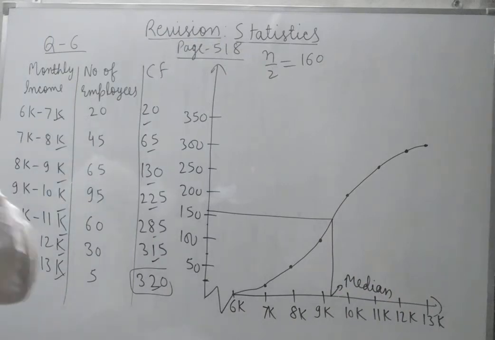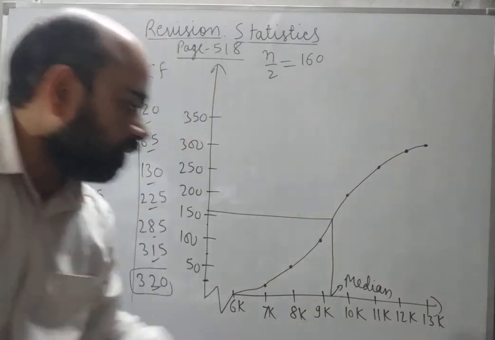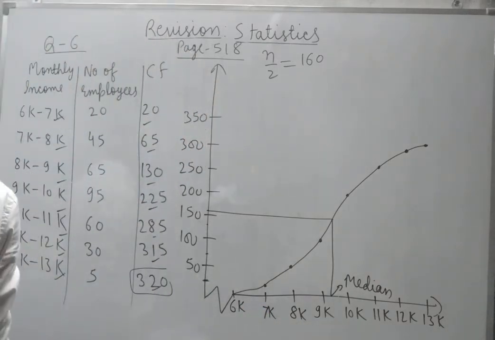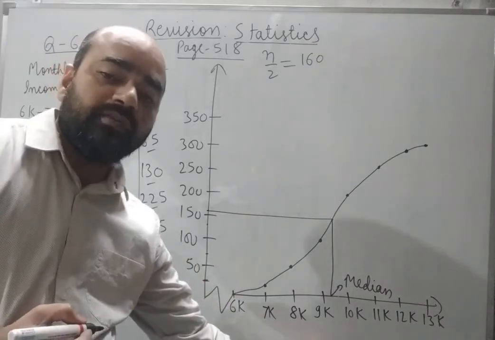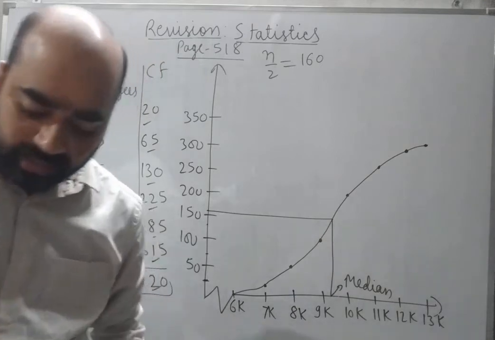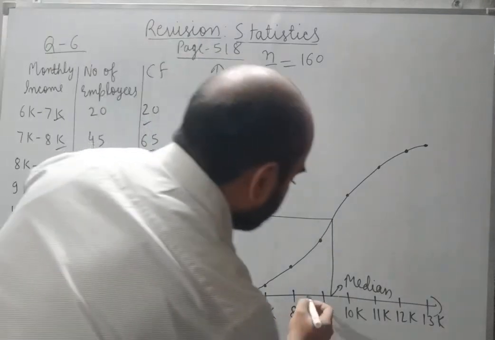Next one is the number of employees whose income is below rupees 8500. Now 8500 will be on the y-axis or x-axis? See, rupees means 8500 will be on the x-axis. So locate 8500, this middle value.